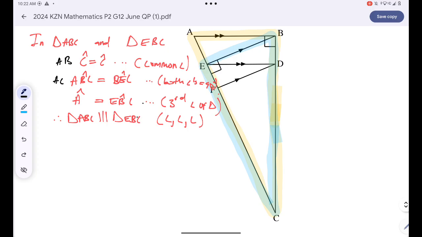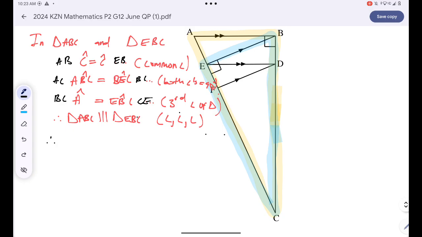Angle A is subtended by BC. Are you together? Let's go to the other triangle. Angle C is subtended by EB, and then angle BEC is subtended by BC, and then angle EBC, this angle over there, is subtended by line CE.